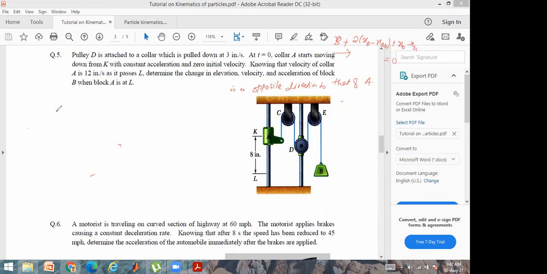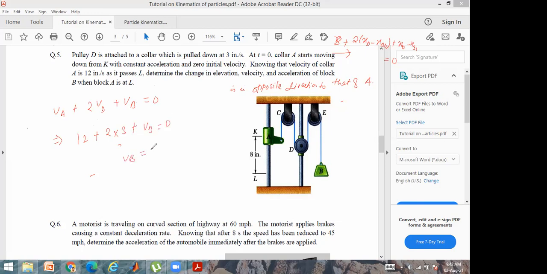So it will remain the same: v_A plus 2v_D plus v_B equals 0. The velocity of A is given as 12 inches per second. So 12 plus 2 times v_D, which is given as 3 inches per second, plus v_B equals 0.